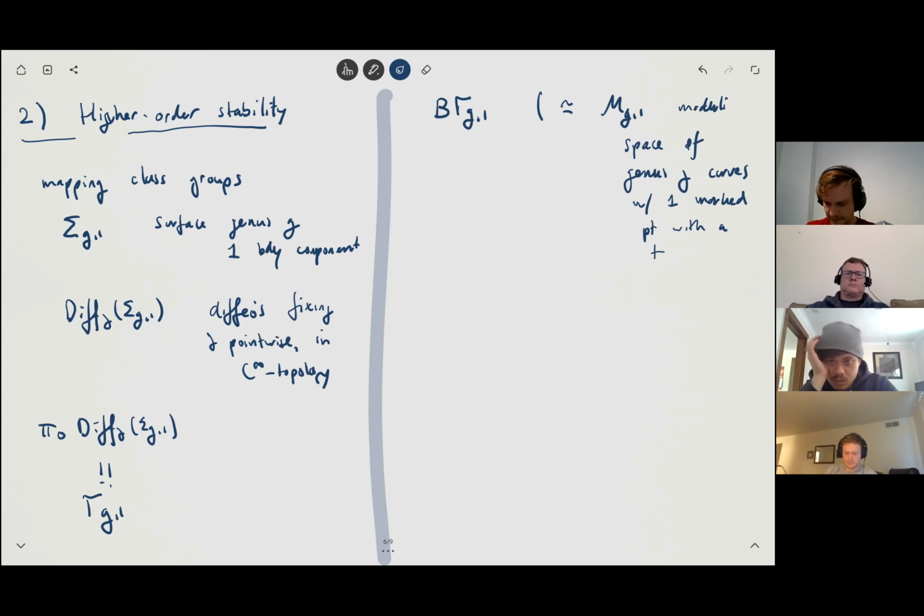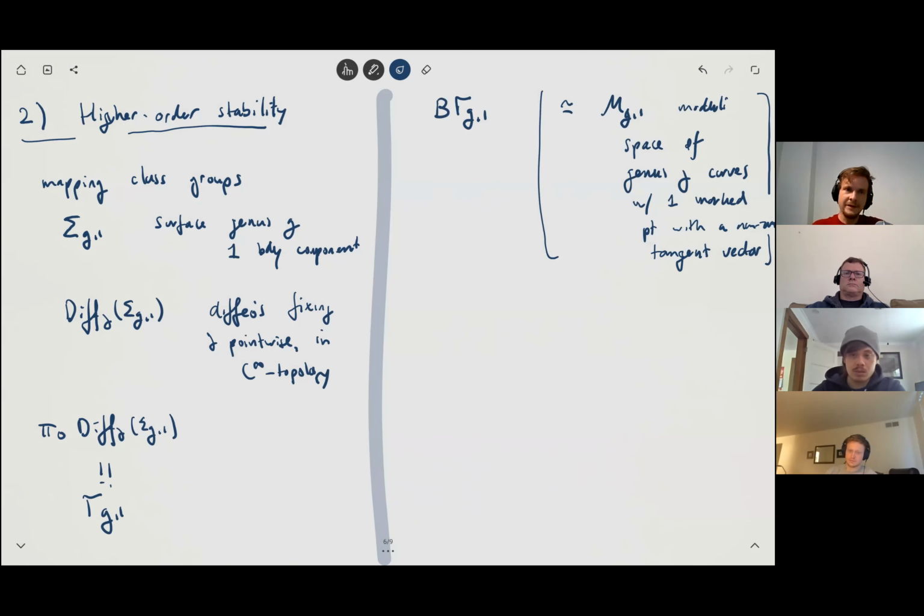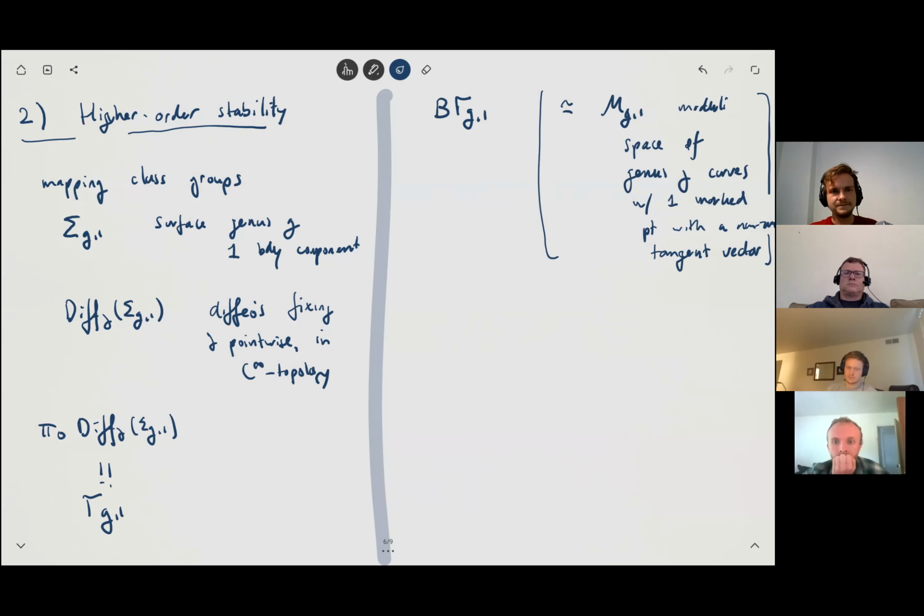And I guess you have to interpret moduli space here in the right way, otherwise it's just a rational equivalence. The point is, if you add a boundary, you're no longer algebraic. So replacing a boundary with a marked point and a non-zero tangent vector is like an algebraic version of having a boundary component. Okay. So people have been interested in these moduli spaces for a long time, and hence also in the classifying spaces of these groups.